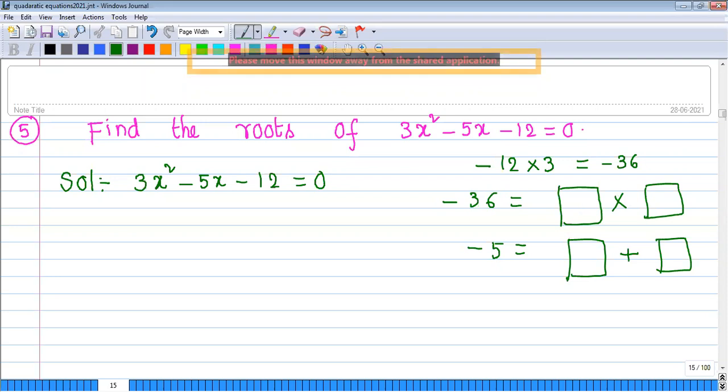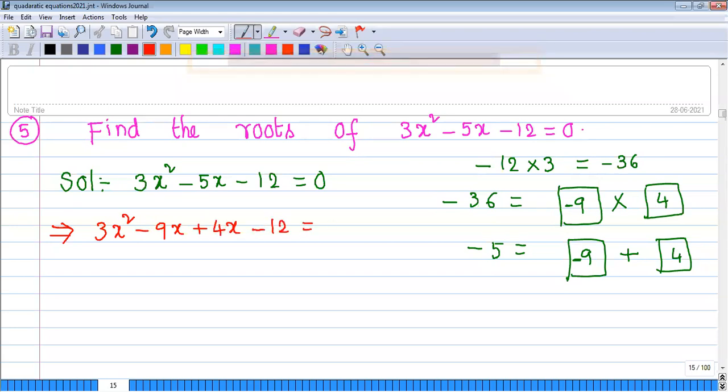9 into 4 gives 36. Here also 9 and 4, write down, but we need negative 5. So you put the negative sign here. Now we can write the middle term like this: 3x square minus 9x plus 4x minus 12 equals to 0.